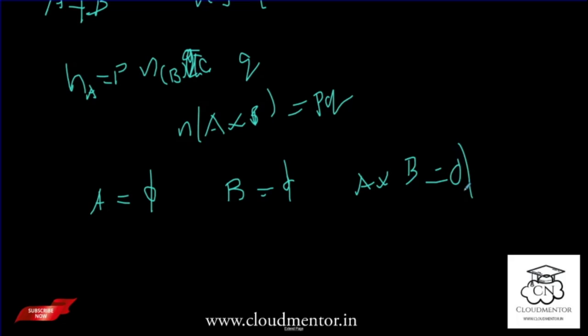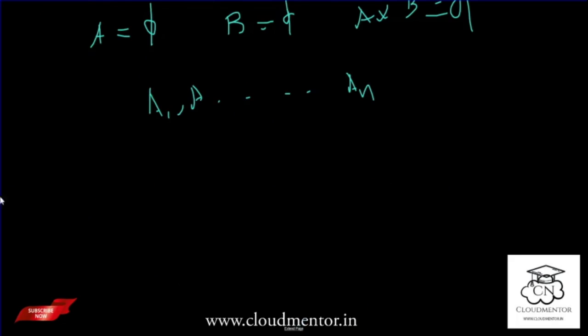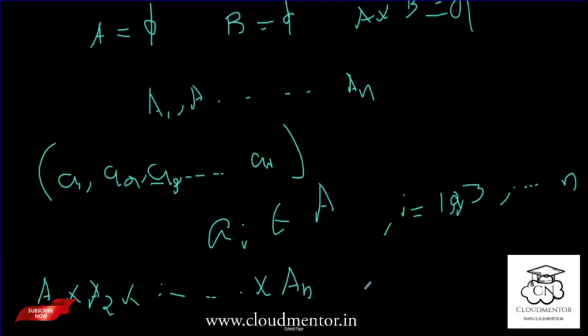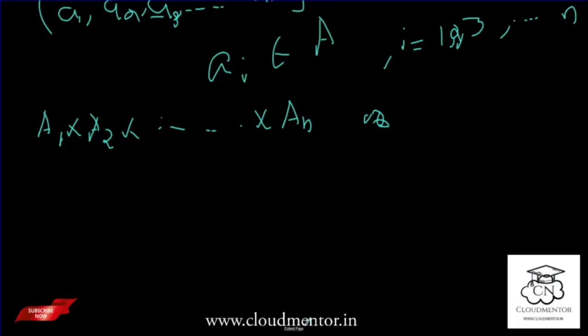And the fourth point: the Cartesian product of n sets A1, A2, A3, etc., An is the set of all n tuples, that is (a1, a2, a3, etc., an), where ai is an element of Ai for i equal to 1, 2, 3, etc., up to n, and is denoted by A1 cross A2 cross etc. up to An. That's all.